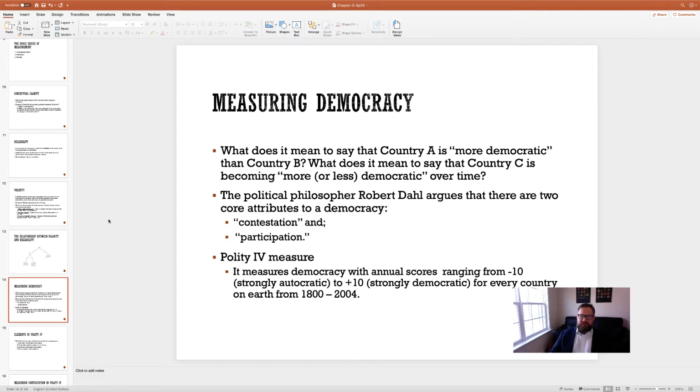So in order to measure something like a country being more or less democratic, or to figure out whether a country is becoming more or less democratic over time, you have to first figure out what democracy is.